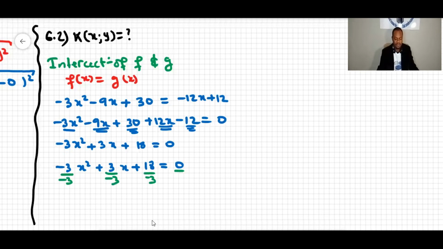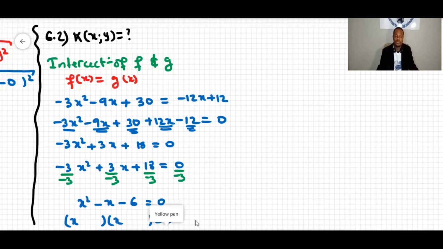Now this will be x squared minus x minus 6 equal to 0. Because there is no coefficient in front of the x squared, I can just write x here in the bracket, equal to 0.